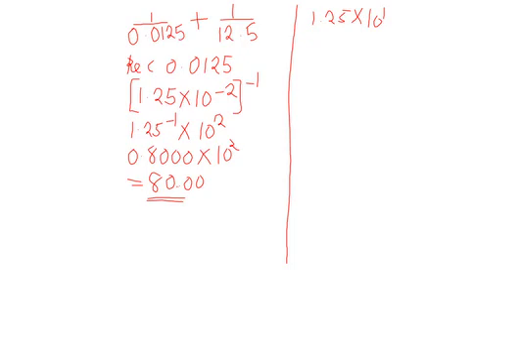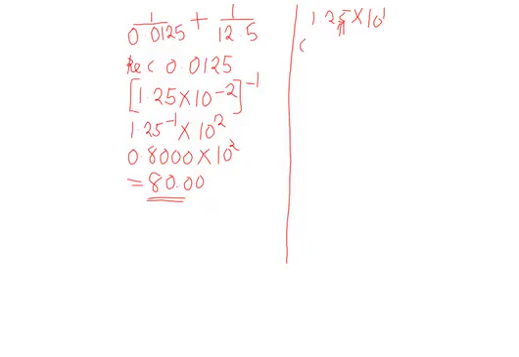So our first two digits again is 1.2, and we go to the column labeled 5, that is 8000, so it should be written as 0.8000, and because we were getting the reciprocal, this is supposed to be raised by -1.